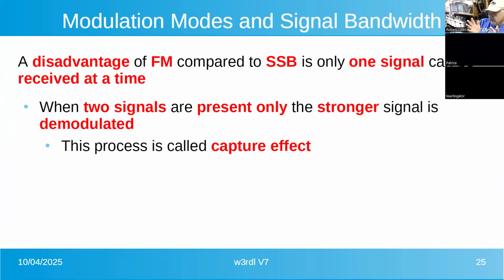So if you have two signals, and one's a lot stronger than the other, but they're both the same frequency, you'll only hear the strongest one. In the case of AM or single sideband, you're going to hear both of them, whether you want to or not.